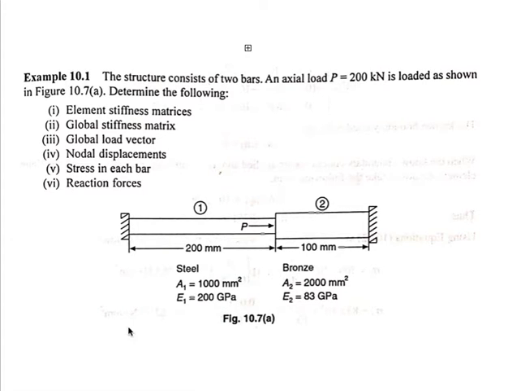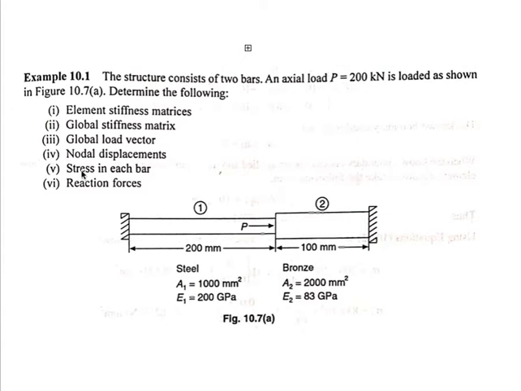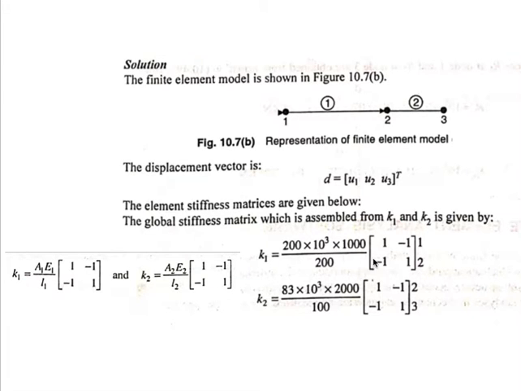So A1 E1 means, as per A1 is 1000 and E is 200 into 10 raised to 3, and L1 is 200. Now the matrix of 1, minus 1, minus 1, and 1 is for node 1 to node 2 of this element. Similarly K2 is A2 E2 divided by L2 into the matrix of 1, minus 1, minus 1, and 1.